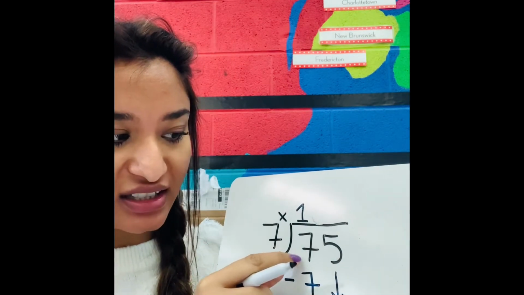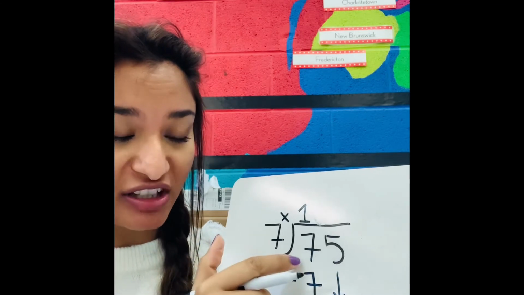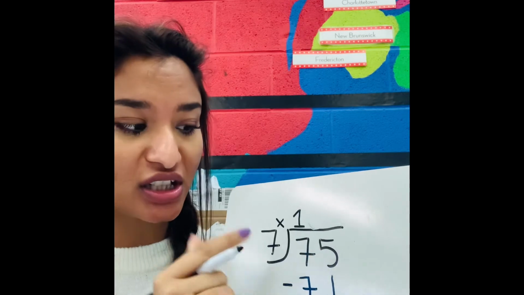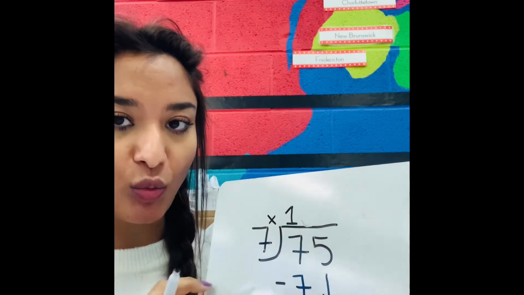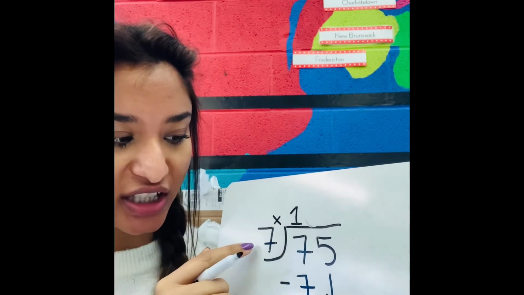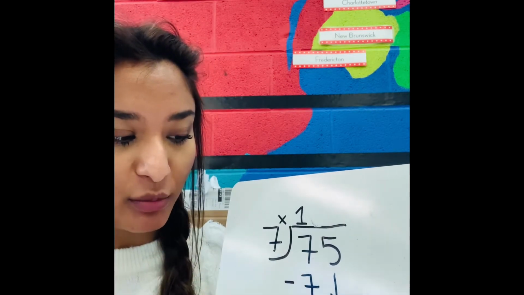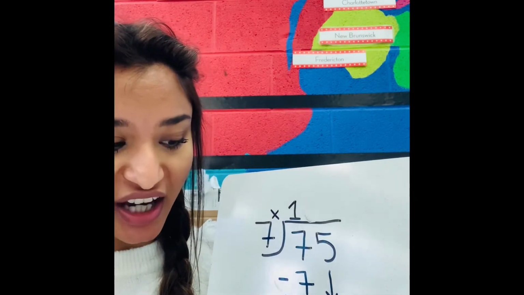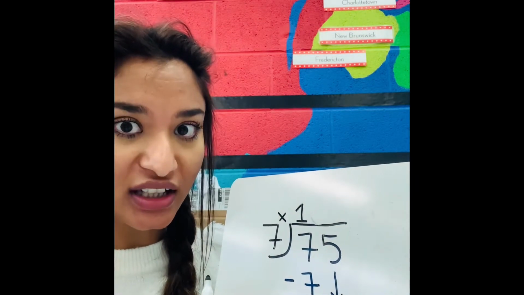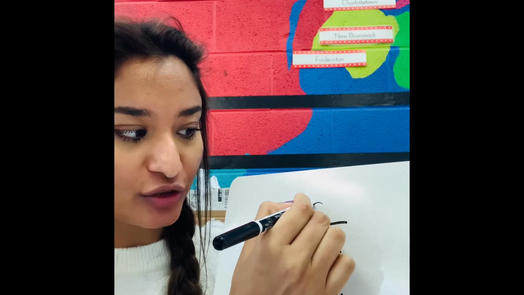If you divide 75, imagine you have 75 cookies and there are 7 students. If I only put 1 at the top, you're saying each kid would get 1 cookie, and we would have a lot of leftovers. So when I brought my 5 down and couldn't do anything with it, I need to put a 0 at the top.